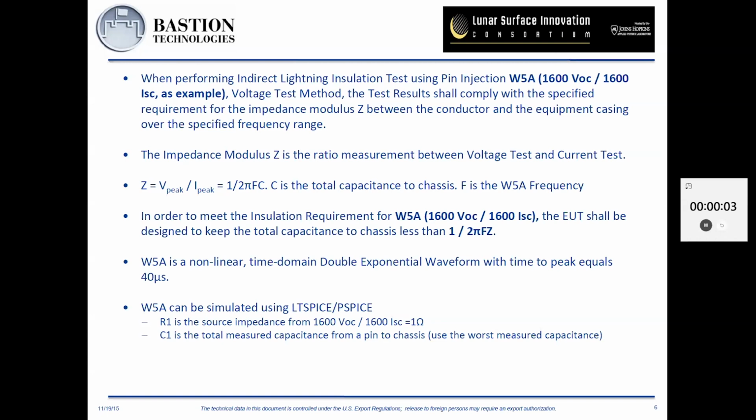There is a requirement when performing this lightning insulation test. It is driven by what we call the impedance modulus Z between the conductor and the equipment casing over a specific frequency range that should be determined when we're defining the requirement for lightning. That frequency should be defined, and that impedance modulus Z should also be defined. The key parameter to control here is C, the total capacitance of the chassis.